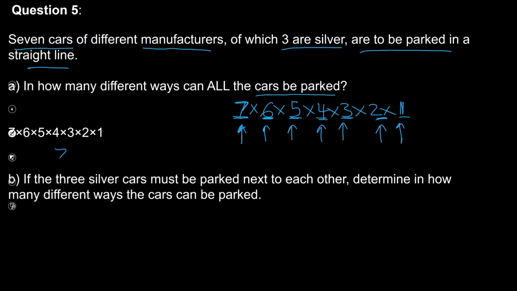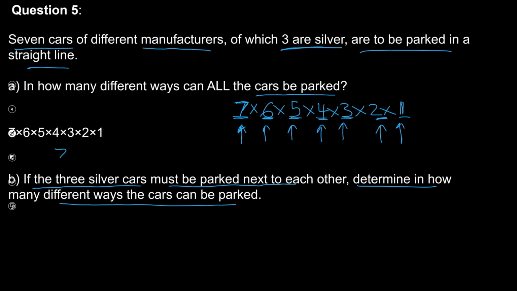Now, let's look at the second question. It's still the same question where we have 7 cars of different manufacturers, 3 still silver, to be parked in a straight line. Now, if the 3 silver cars must be parked next to each other, determine how many different ways the cars can be parked.